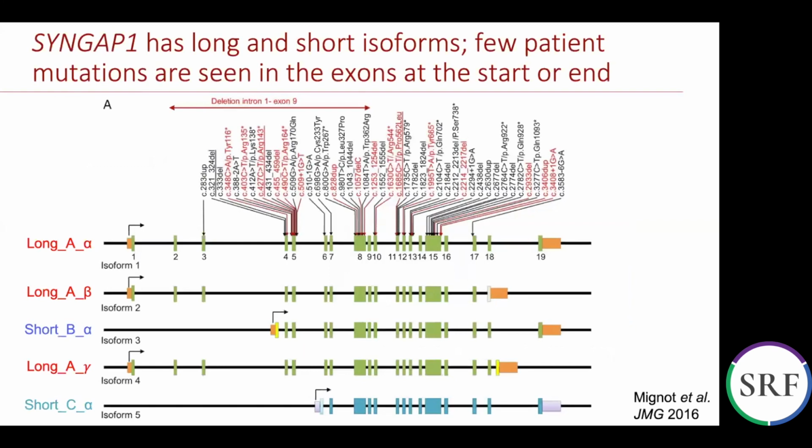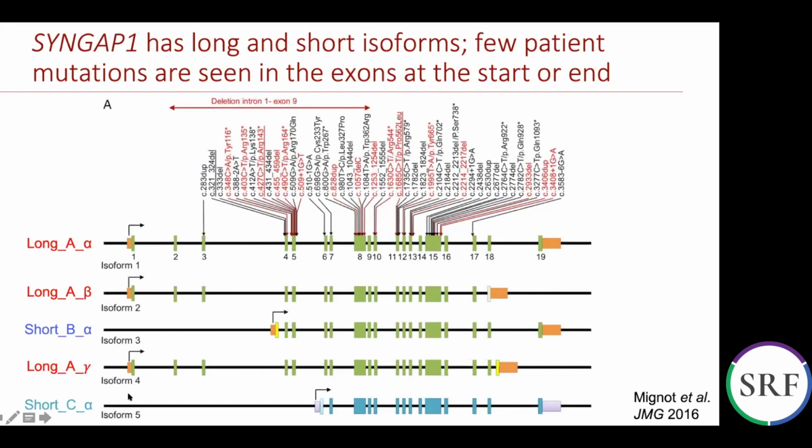So this is a paper, I'm sure, which is familiar to this group, looking at the known mutations in SynGAP1. This is from 2016, and it lines them up with the SynGAP1 gene and asks where they fall. I think this paper makes two important observations. The first one is that there are multiple isoforms of SynGAP1.